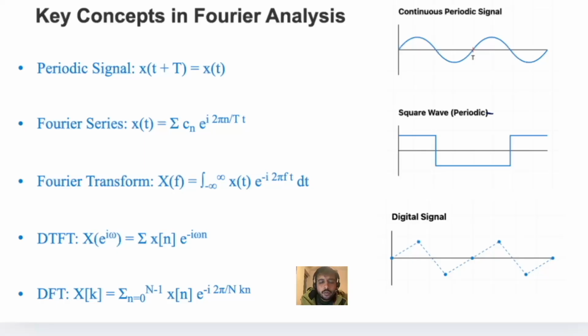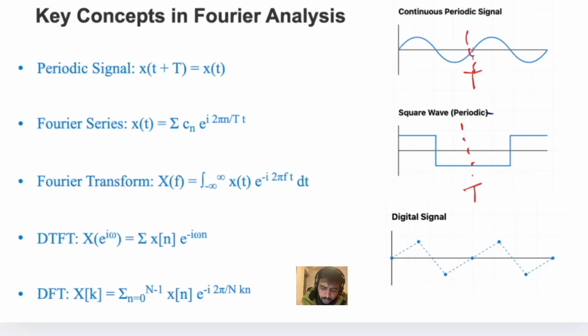To understand the Fourier series and Fourier transform, we start with the concept of a periodic signal, which is a signal that repeats itself after a fixed duration T. For example, it can be a sine wave or a square wave, and it repeats itself.